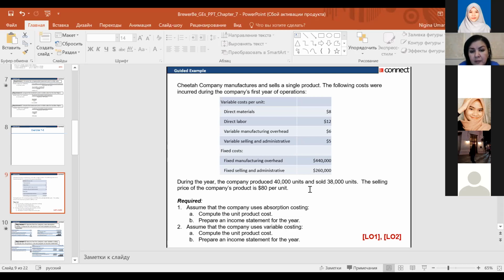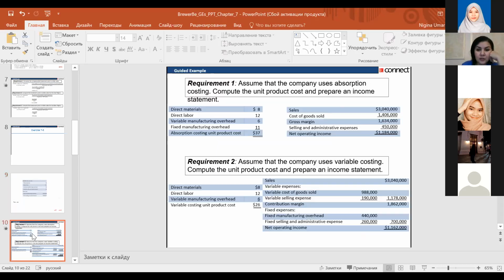Just tell me again. The absorption will be higher. Yes, exactly. On the absorption, because inventory increases, beginning 0, ending 2,000. Okay, let's look now at the solution.